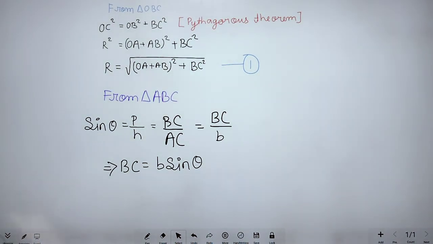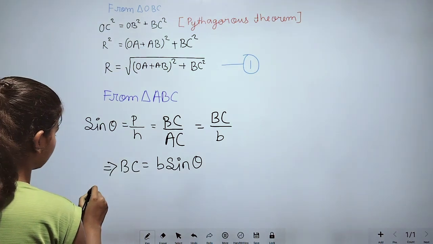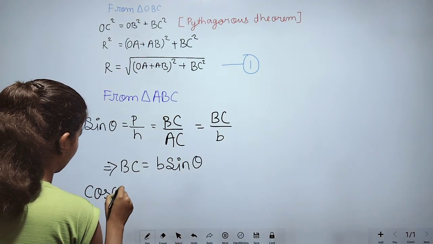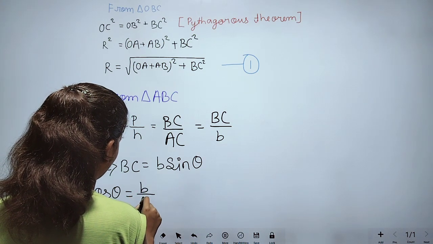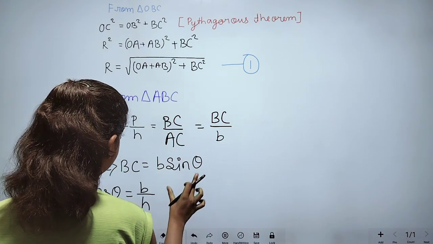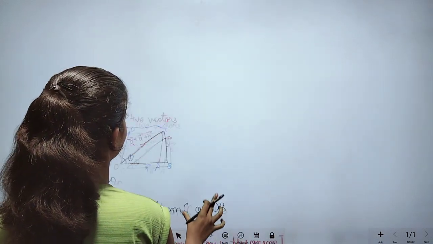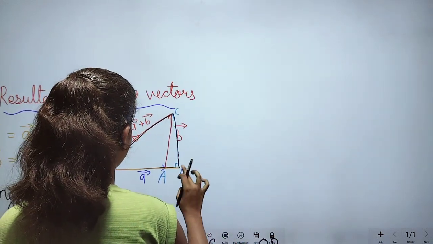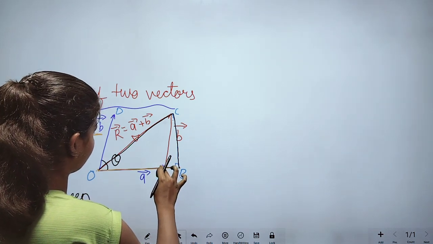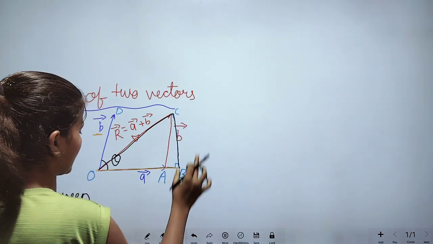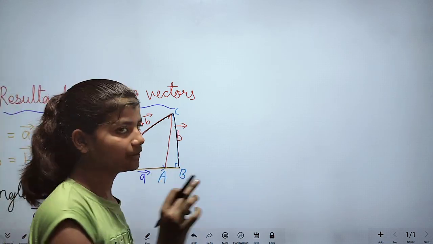And now we know one more formula, that cos theta is equal to base by hypotenuse. AB is the base of this triangle, and AC is the hypotenuse of triangle ABC.